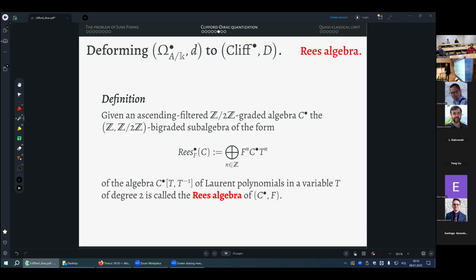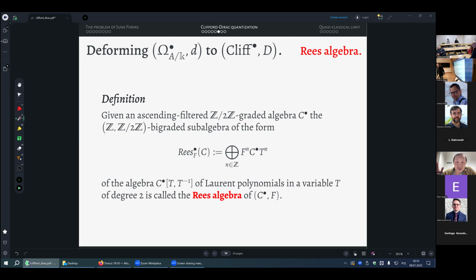Okay? And then in this bigraded algebra, this is such a subalgebra. And this subalgebra is, by analogy with this construction you probably know from the theory of ideals, the deformation to the normal cone, all this stuff. So this is an algebra. Therefore, I call it also the Rees algebra.